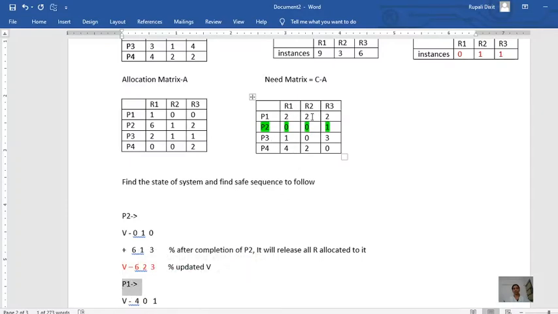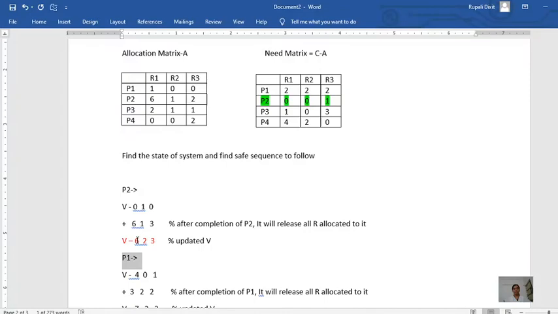So what is the demand of P1? 222. So from the current available vector, I'll subtract 222. Here 6 minus 2 is 4, 2 minus 2 is 0, 3 minus 2 is 1. So this is now the available vector.